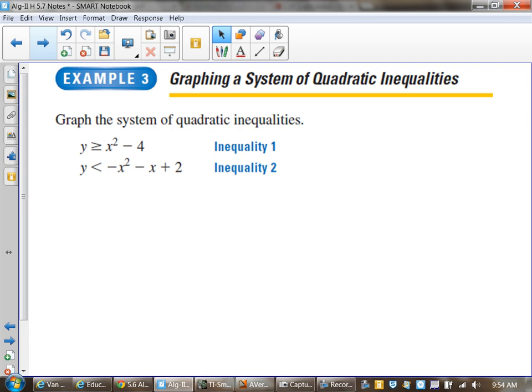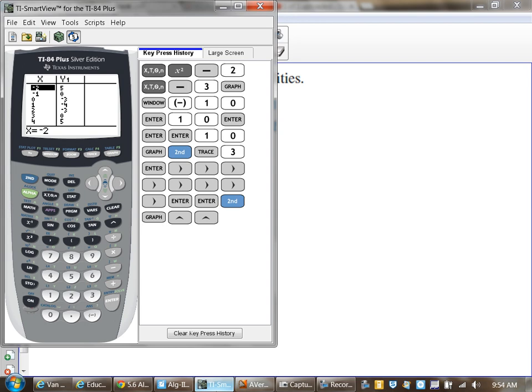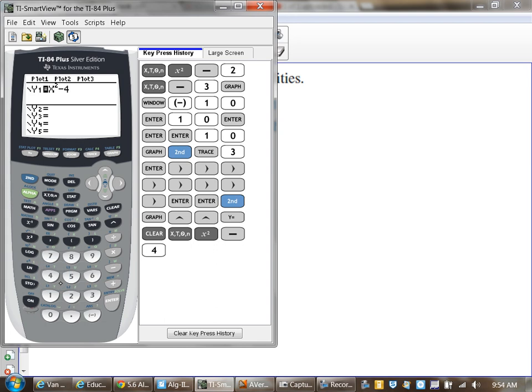So it's x squared minus 4, and the other one is negative x squared.